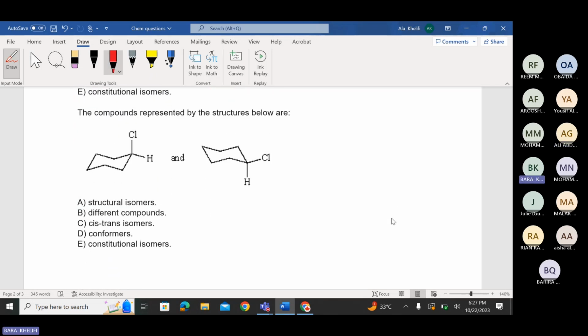Now moving on, the compounds represented by the structures below are, so here we have another chair conformation. What are those isomers that we're presenting here? What type? Take your time.